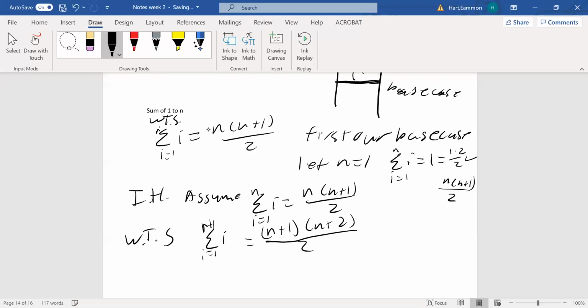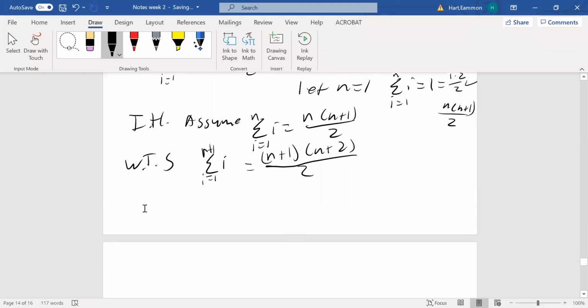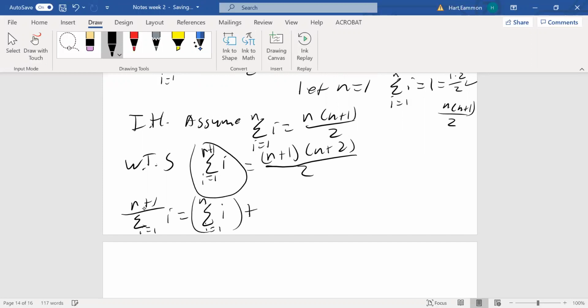So what is this guy right here? That's the same thing as the sum up to n, plus n plus 1.